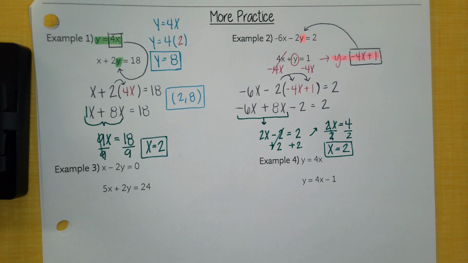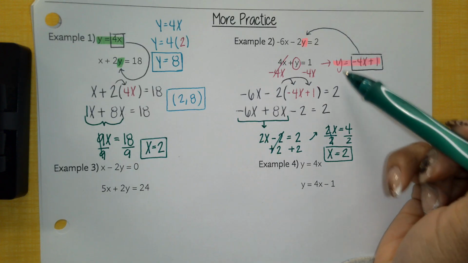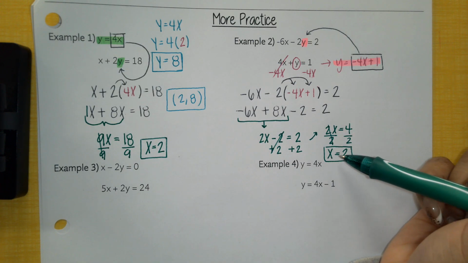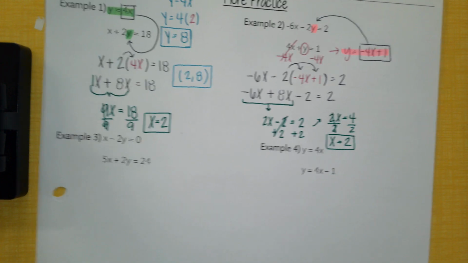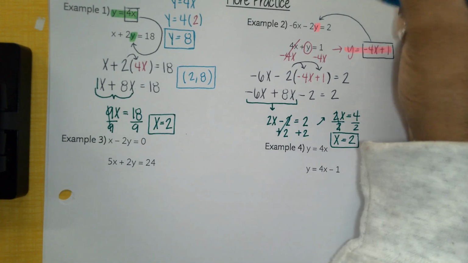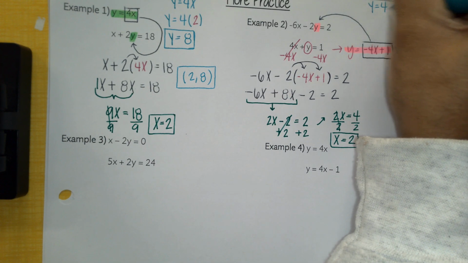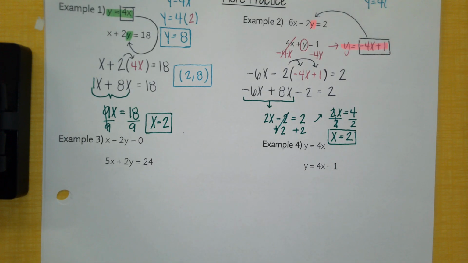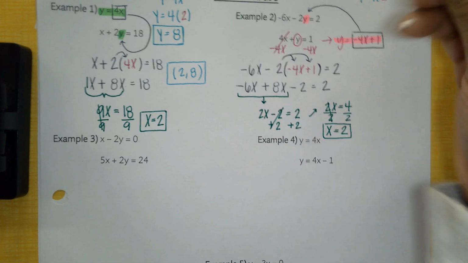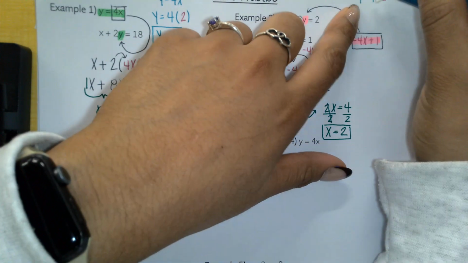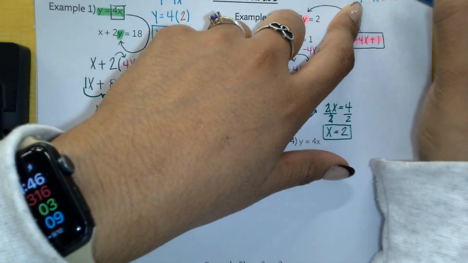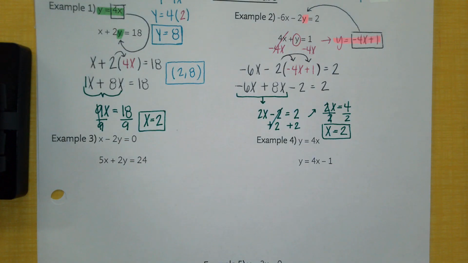That'd be nice. All right, so we have x solved for. Now we're going to have to solve for y. If you notice, you already have y equals right here. So all you have to do is plug in this 2 in place of x and solve for y. So we have y is equal to 4 times x. Oops, hold on, it's supposed to be negative 4.